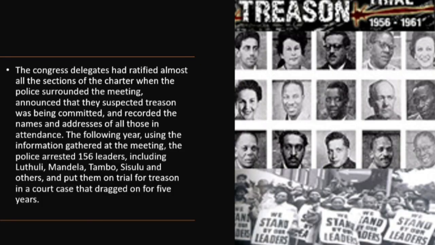So during the treason trial, while many of the key African National Congress leaders were forbidden from traveling, forbidden from attending meetings because they were on trial, another group within the ANC thought that this would be their moment to take charge. Now, this group are the Africanists. Many of them were key leaders of the Youth League during the late 1940s.